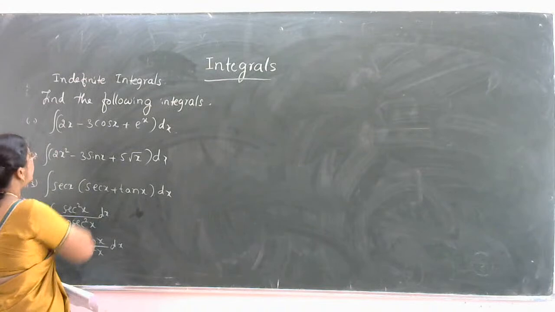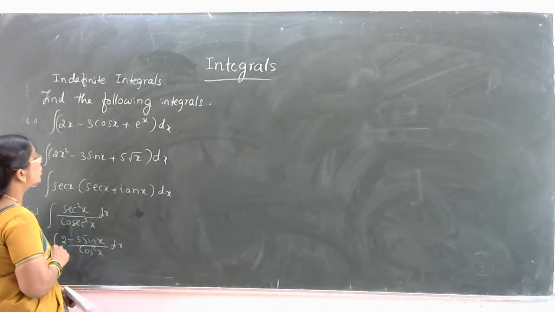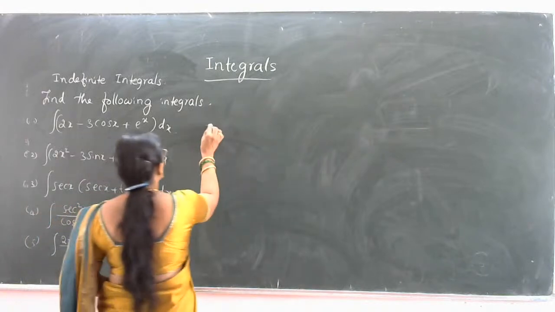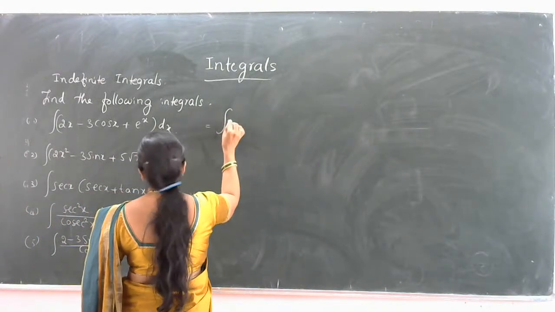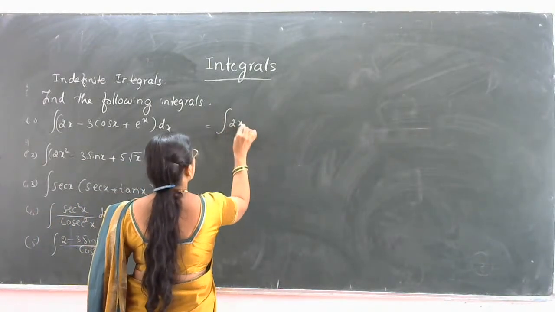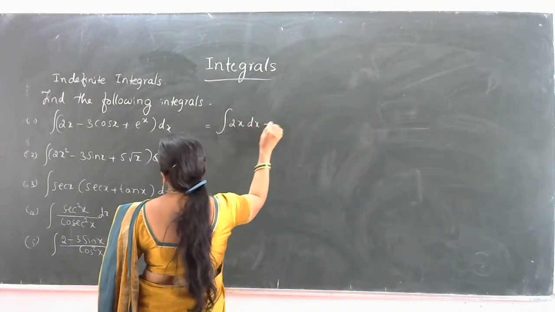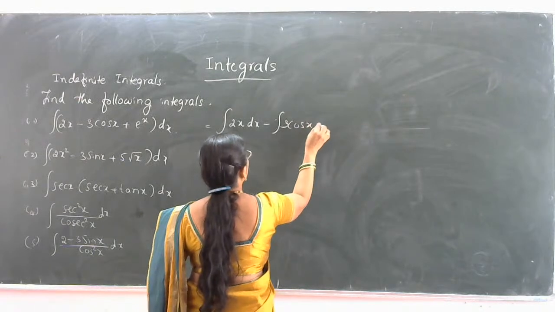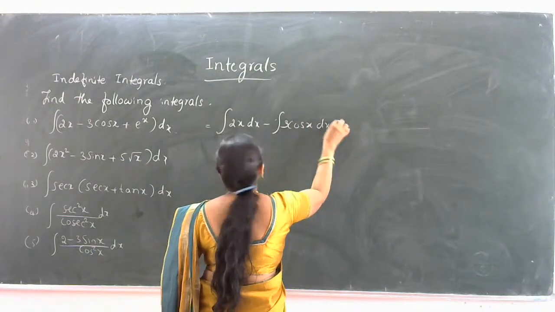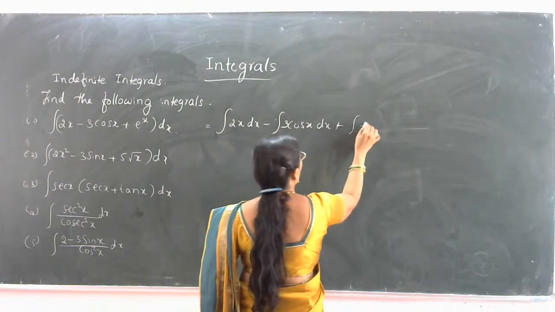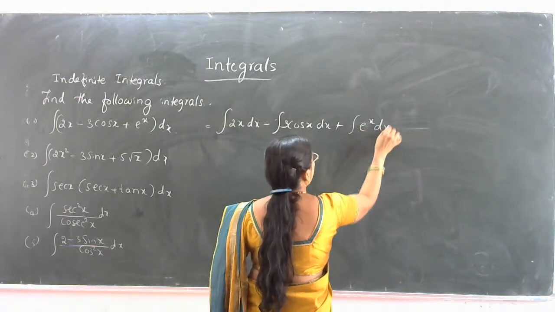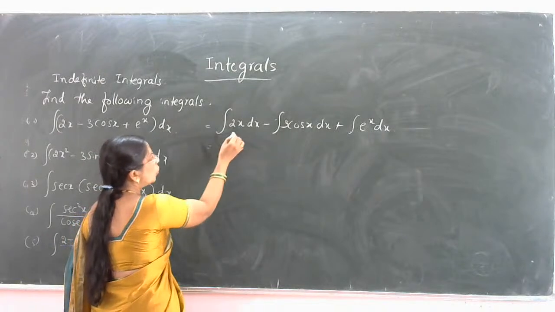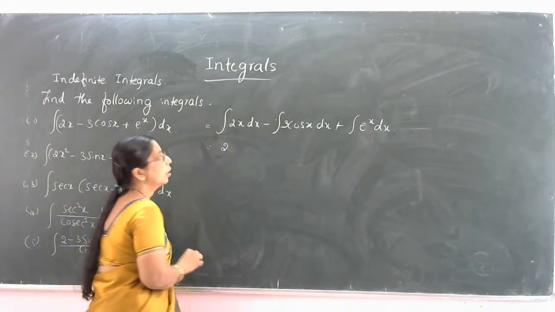Here, the integration of 2x minus 3 cos x plus e to the power x is equal to the integration of 2x dx minus the integration of 3 cos x dx plus the integration of e to the power x dx. Then 2 is a constant here.